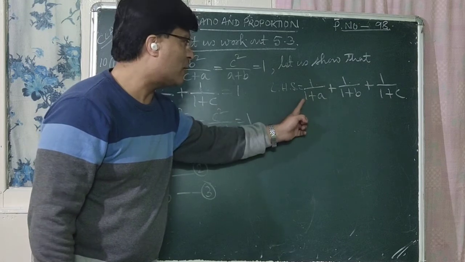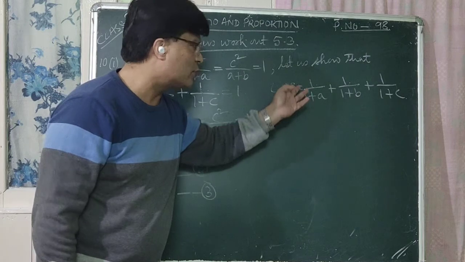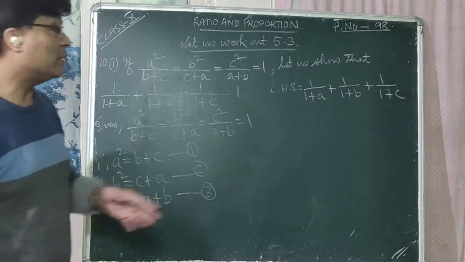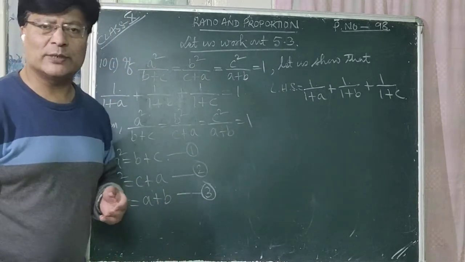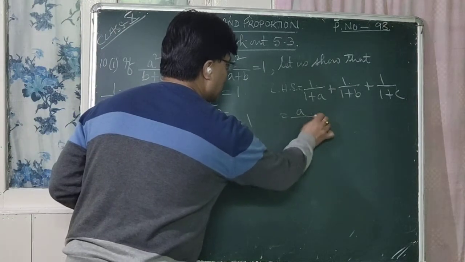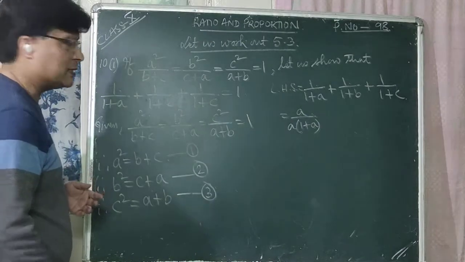That means you have to multiply 1 plus a by a. If you multiply the denominator by a, you should multiply the numerator by a also, isn't it? For the first term, you multiply both numerator and the denominator by a, right? So what do we get? A upon a into 1 plus a, right?